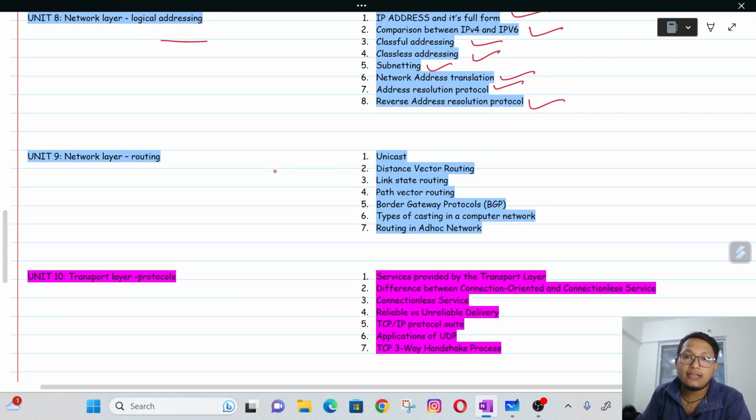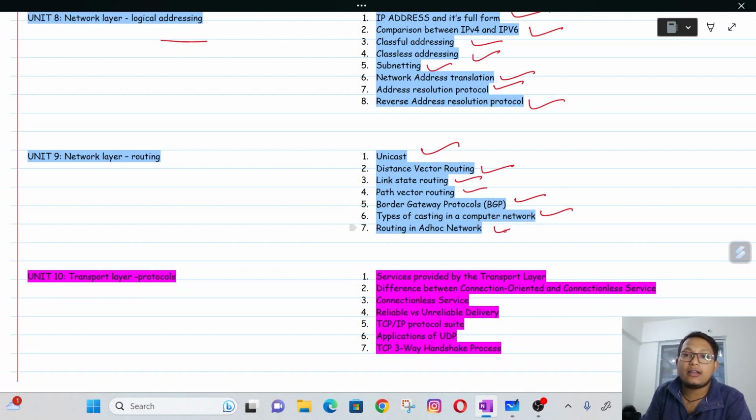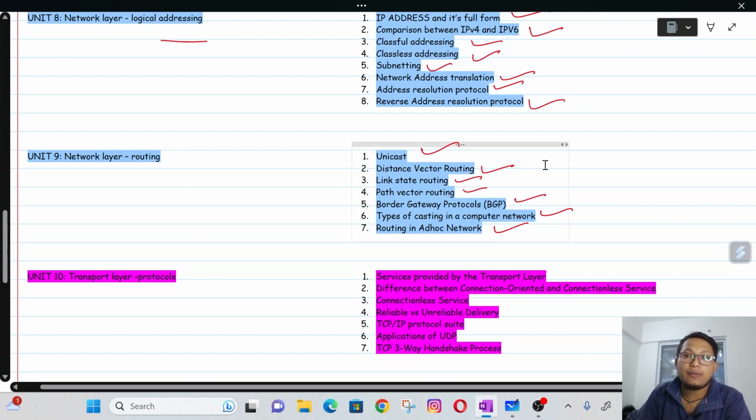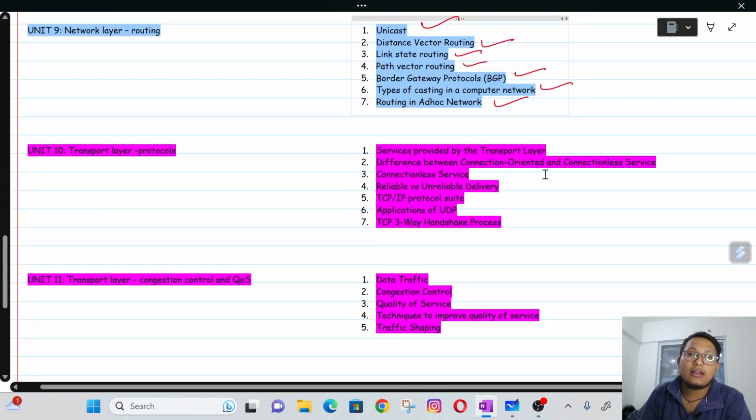In unit 9, network layer routing, there are 7 subtopics, which are unicast, distance vector routing, link state routing, path vector routing, border gateway protocols BGP, types of casting in a computer network, routing in ad hoc network. These are the 7 subtopics inside network layer routing.